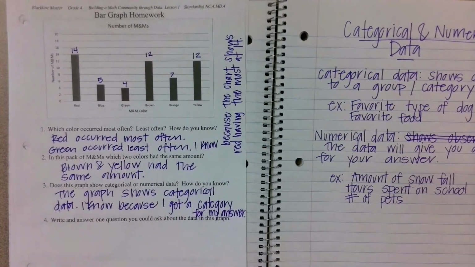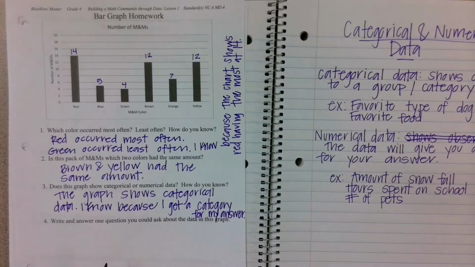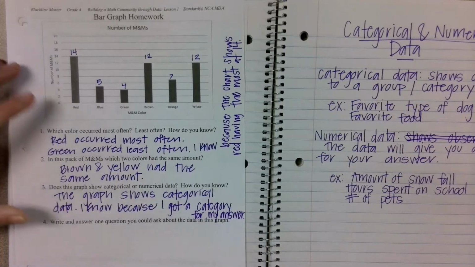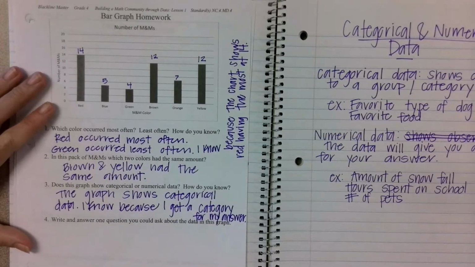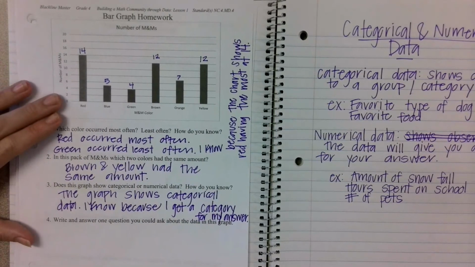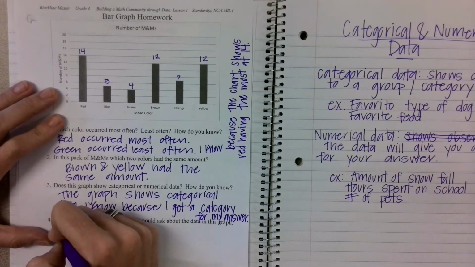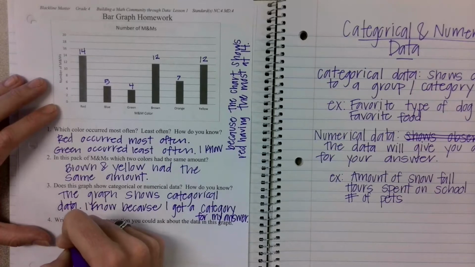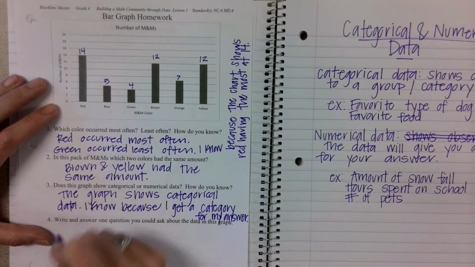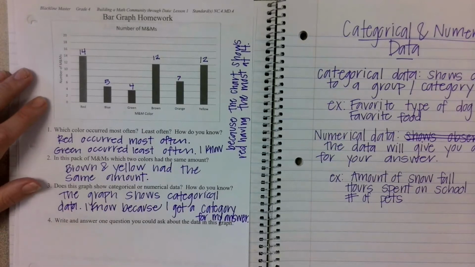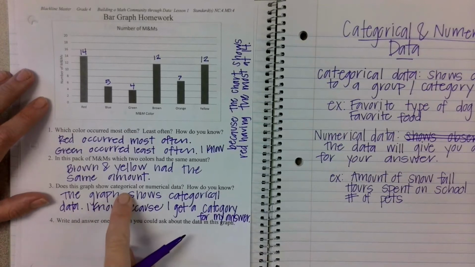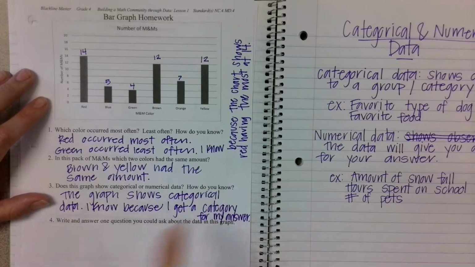Okay. The next question says write and answer one question you would ask about the data in this chart. So one question I might be able to ask is which, well, my answer needs to be a category because we are doing categorical data.